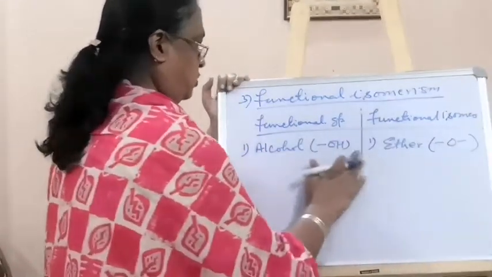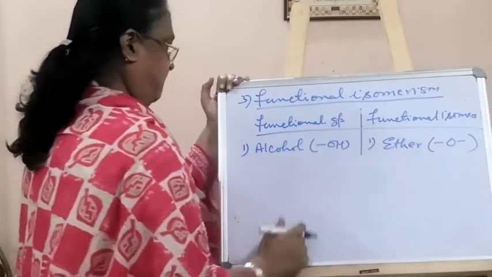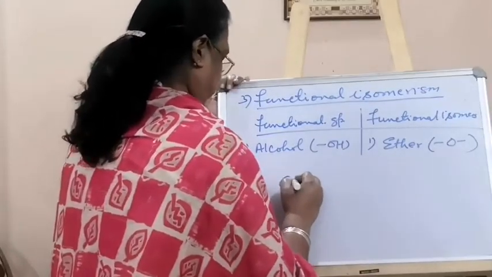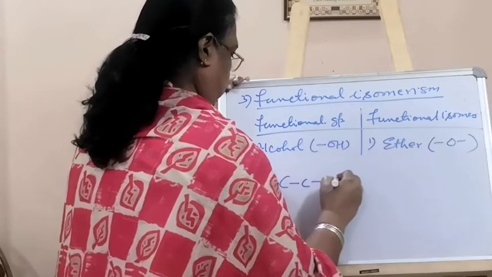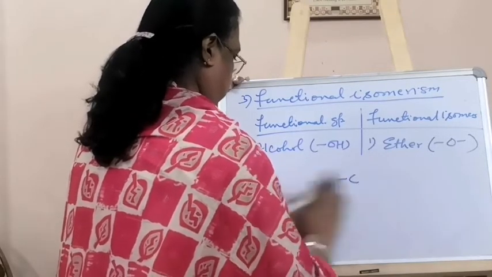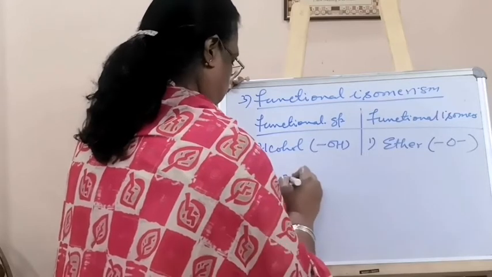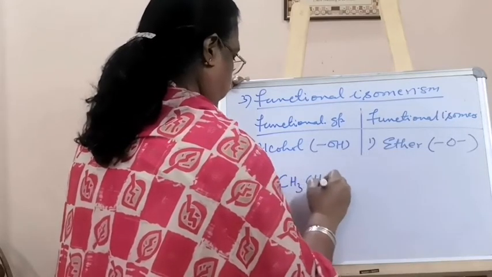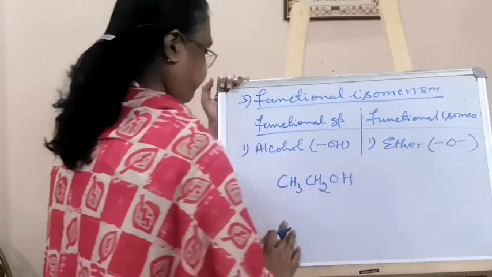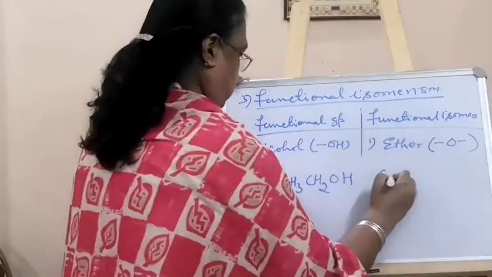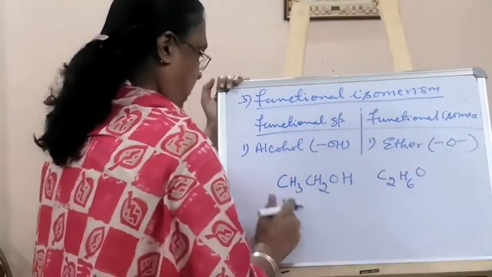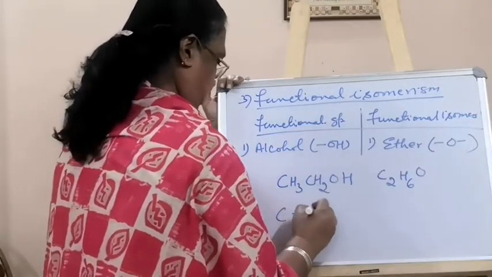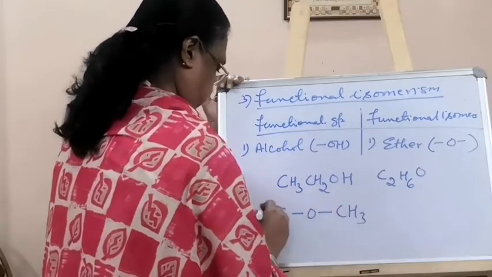I also show the examples side by side. Take CH3, CH2, OH, ethanol, C2H6O. And this can also be written like this.